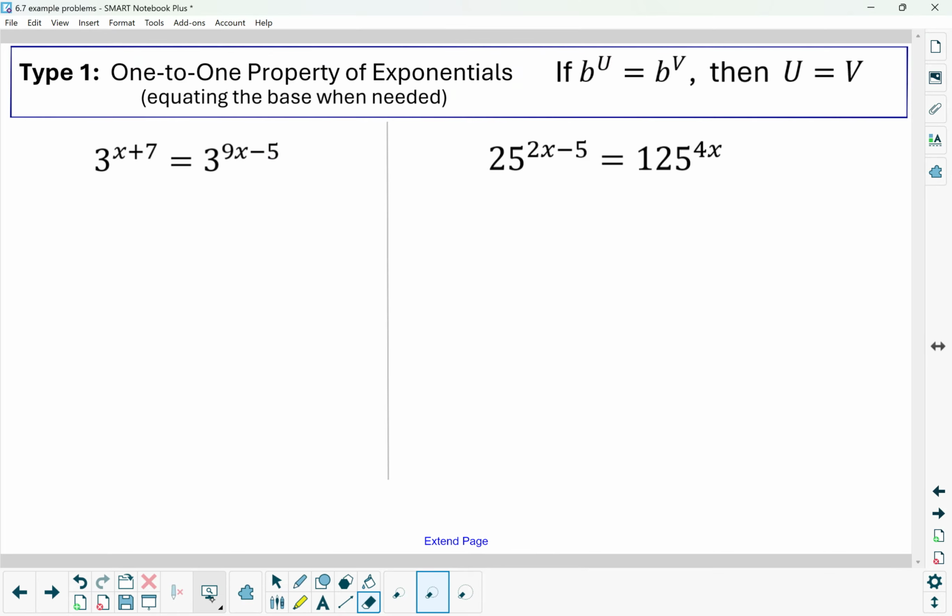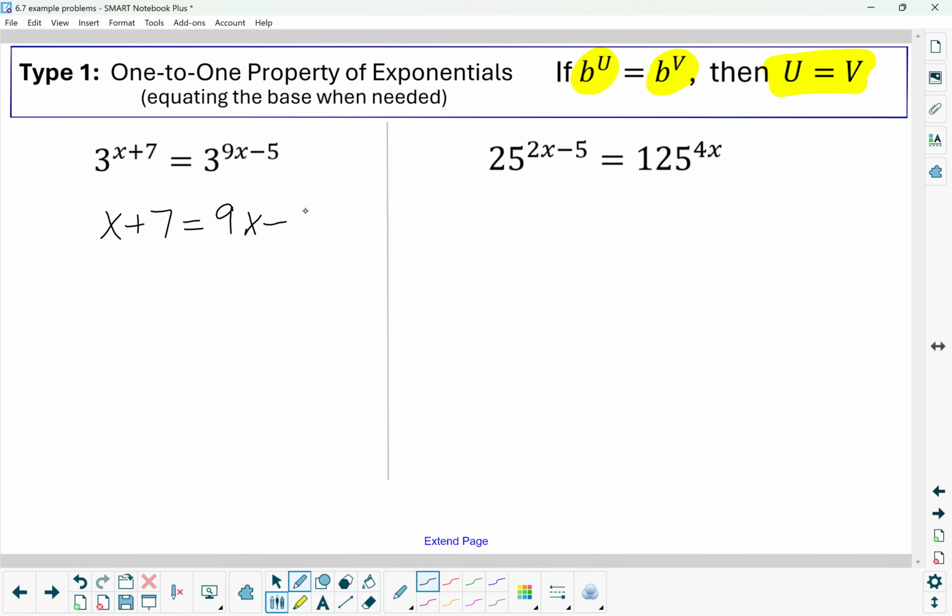Exponentials have a one-to-one property, which means that if we have base b to the power u equal to base b to the power v, then those two powers have to be equal to each other. On this first example, 3 to the power x plus 7 equals 3 to the power 9x minus 5. The only way those two things can equal each other is if those two powers are equal.